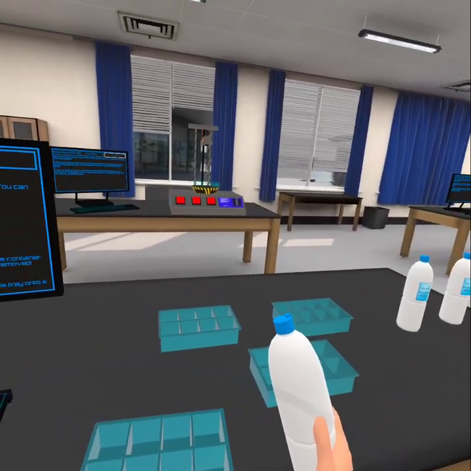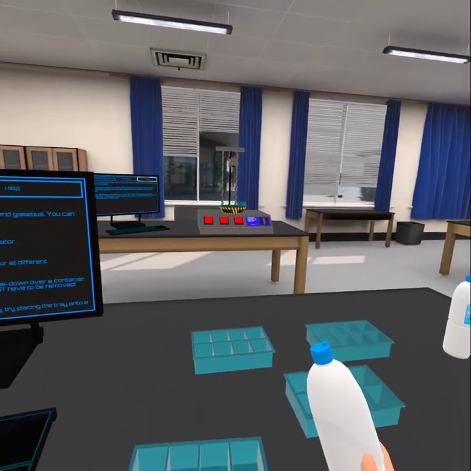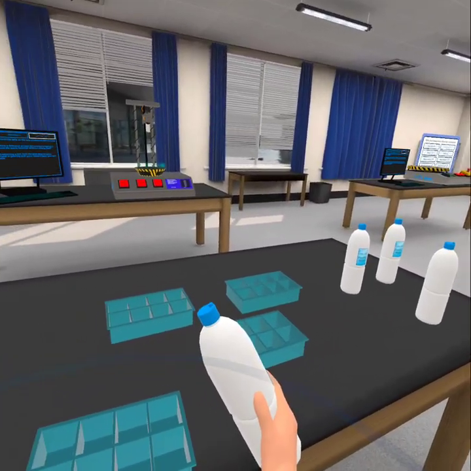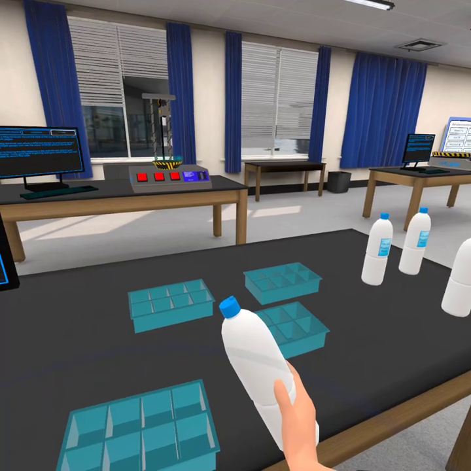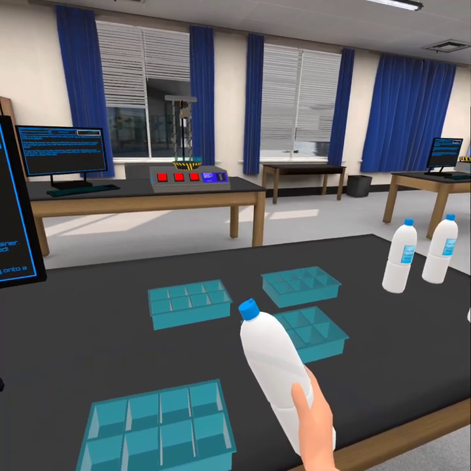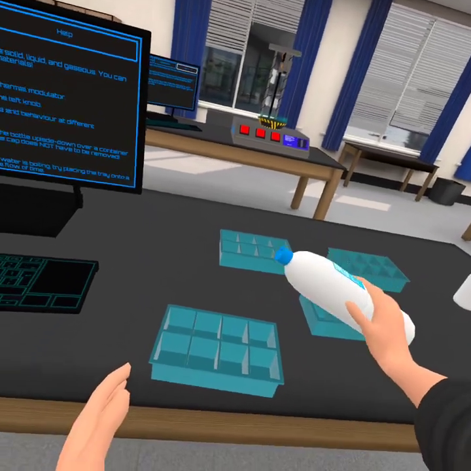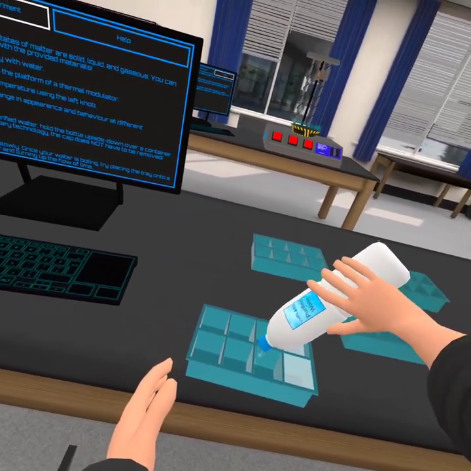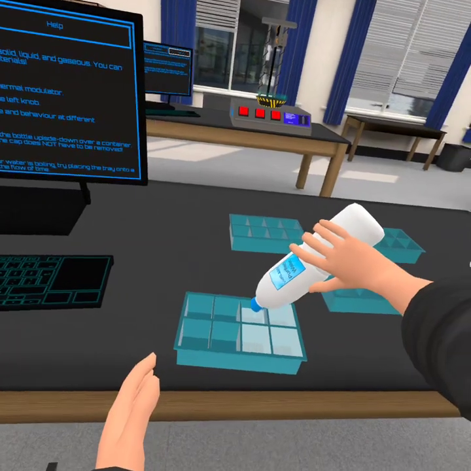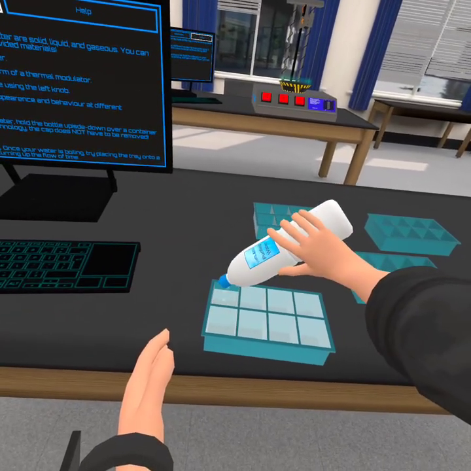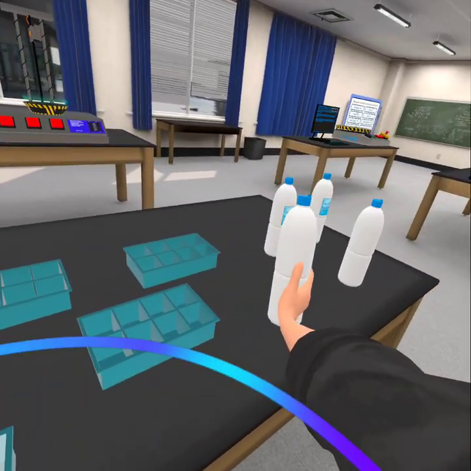We do not need to remove the cap of this purified water bottle. Now it says that you have achieved your goal. So now I will directly pour it into the ice cube tray, as you can see. Done. I will keep it here.